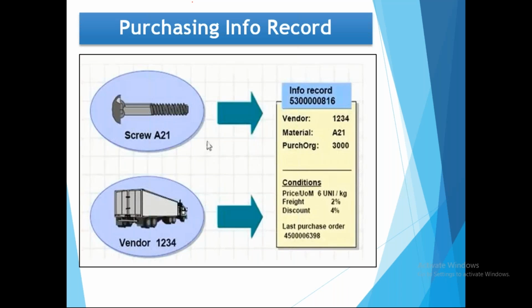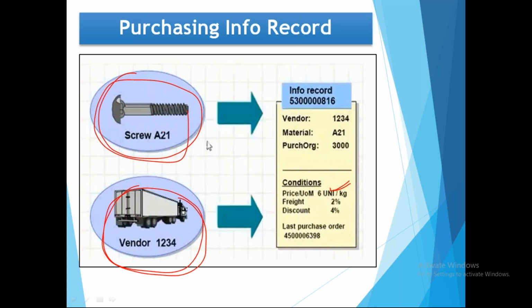Basically it contains information for a combination of material and vendor, like the price when you procure this material from this vendor, the freight charges, and the discount.